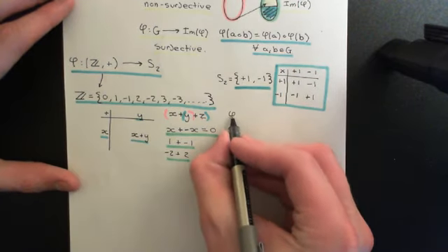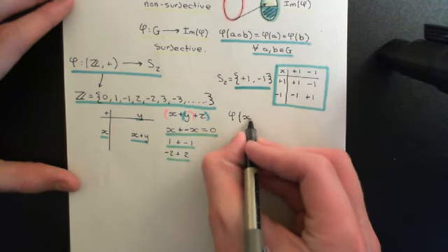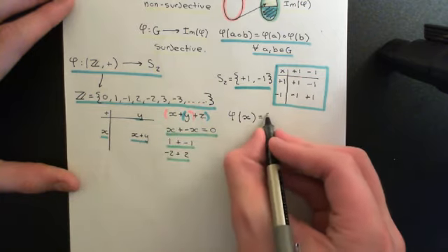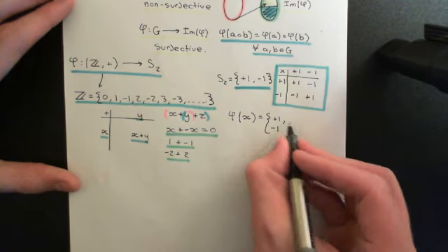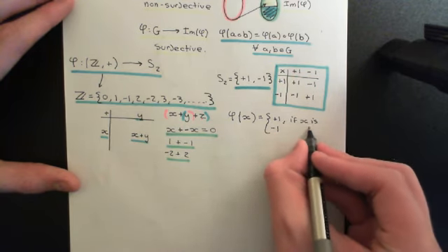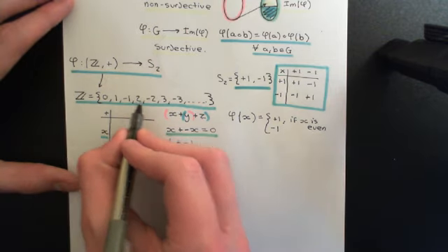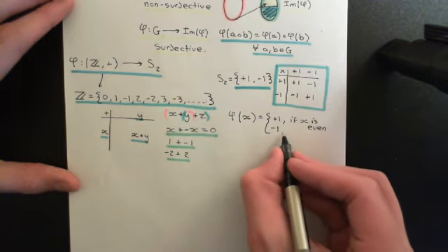So how am I going to actually do this mapping then? Well, the way I'm going to define it, phi of some arbitrary element, little x, in the integers is going to equal either +1 or -1, and it's going to be +1 if x is even. So all of the even integers, 0, 2, -2, 4, -4, they're all going to go on to +1.